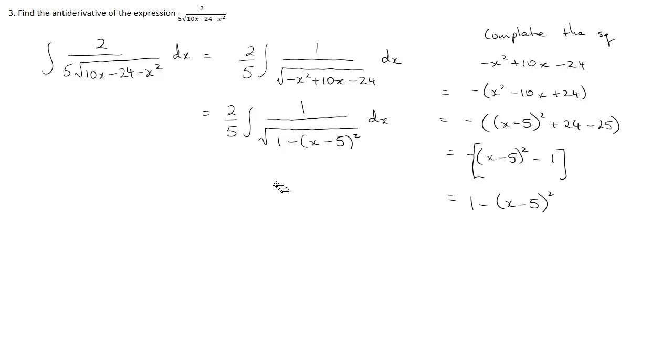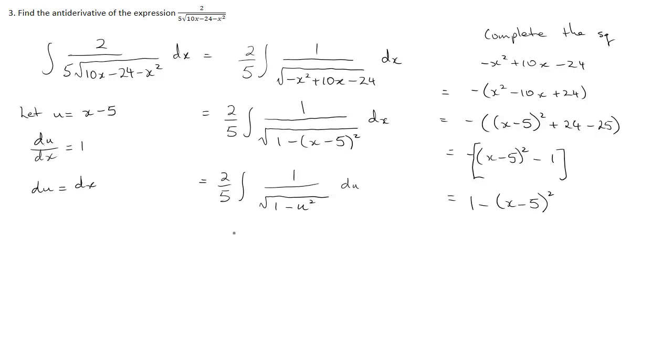So what is happening now is we should be making a substitution. So let u equal to x minus 5. And let's say that du over dx is now equal to, well, it's just 1. So du is the equivalent of dx. And so we've got 2 over 5, integral of 1 over 1 minus u squared, and du.